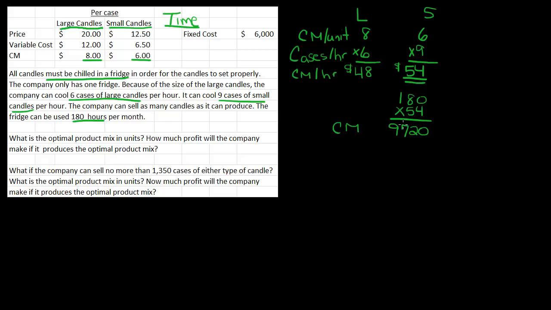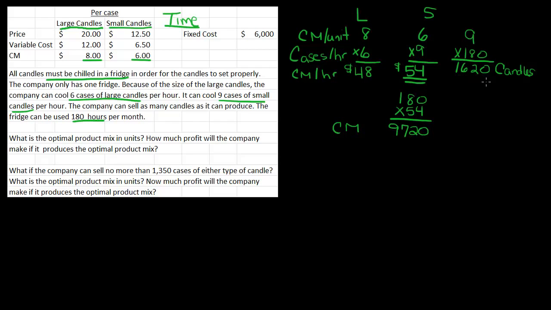Now, how many units is that? Well, if I take 9 units per hour times 180 hours, I can make 1,620 units. Okay, that's how many candles I can make. I can make 1,620 candles, which would give me a contribution margin of 9,720.